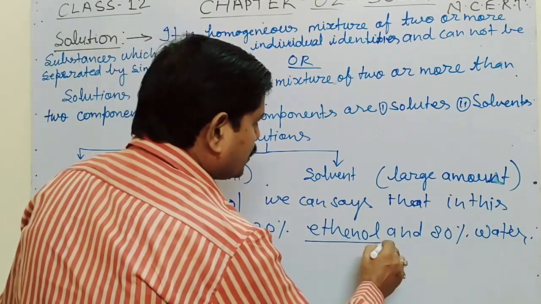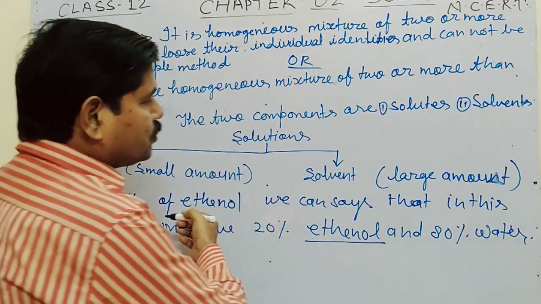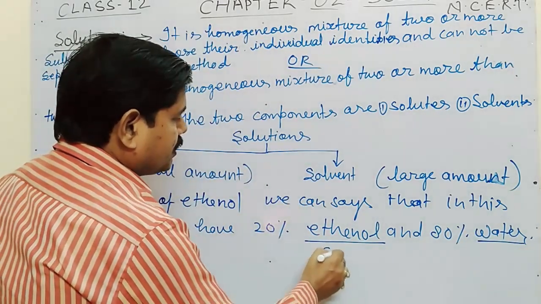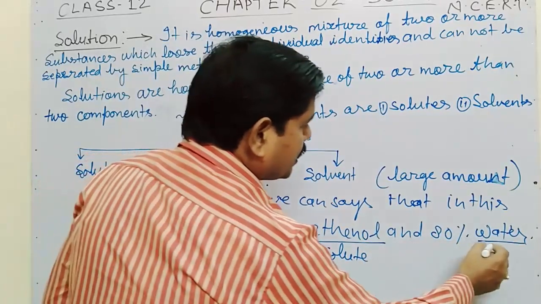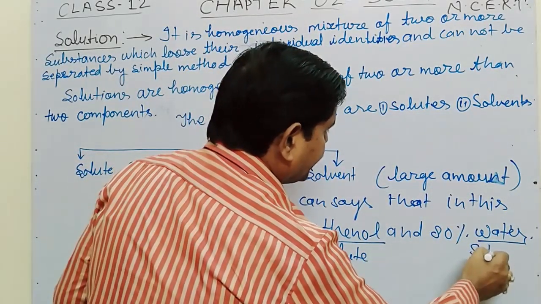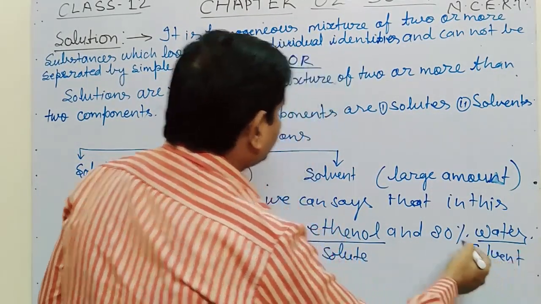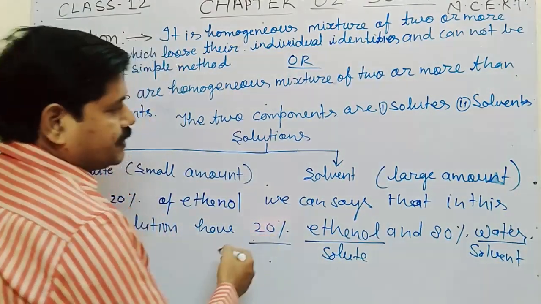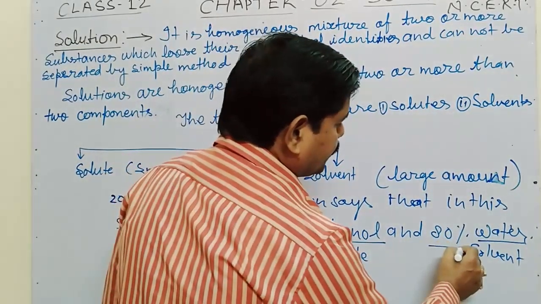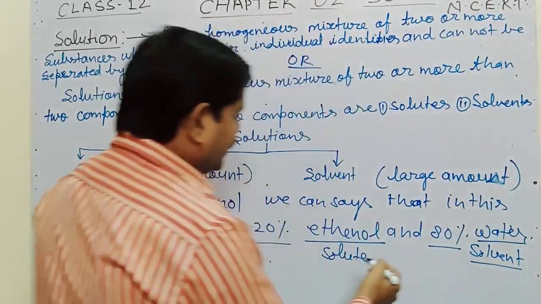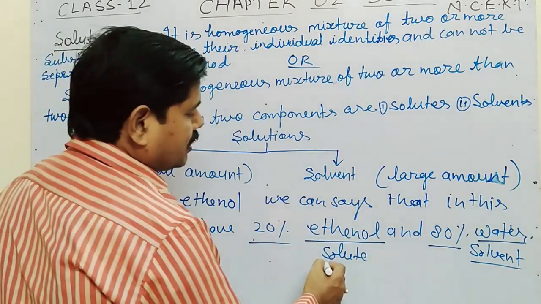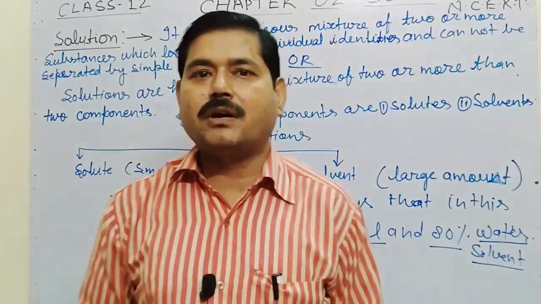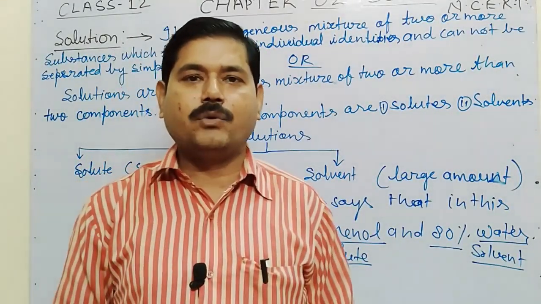Ethanol is the solute and water is the solvent, because ethanol is the small amount, about 20%, but water is 80%, so it is called the solvent. Another example is a mixture of sucrose and water.